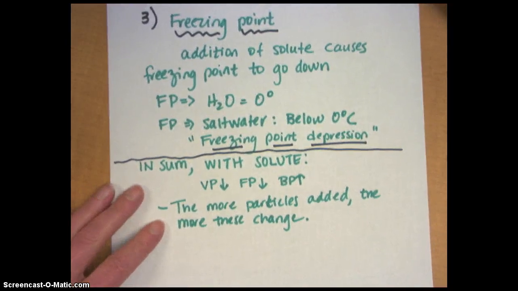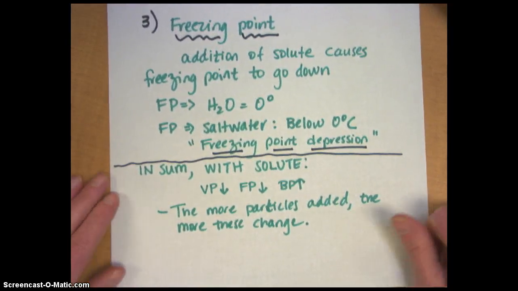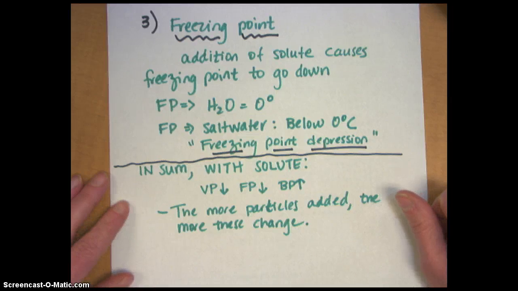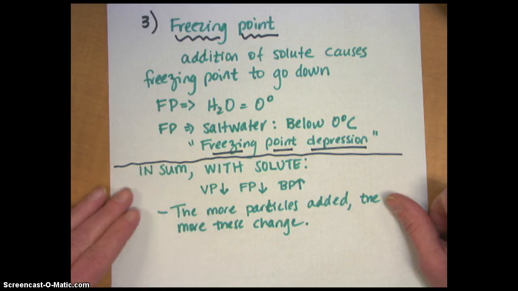Freezing point: the addition of solute actually has an opposite effect. It lowers the point at which water, or the solvent, freezes. So the freezing point for plain pure water is 0 degrees Celsius.